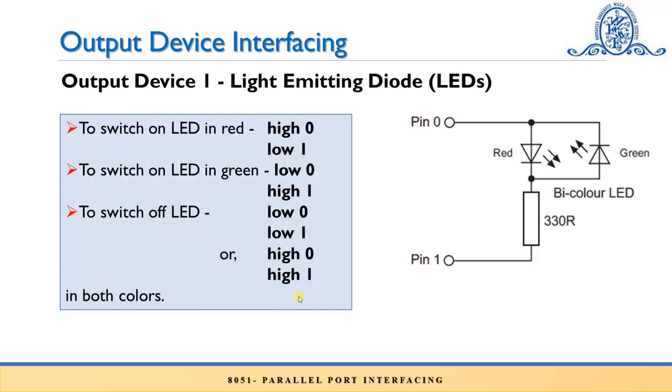So to switch on the LED in red, pin number 0 is to be high and pin number 1 is to be low. If I have to switch the green light on, then pin 0 will be low and pin 1 will be high. If both are at the same potential, then nothing will glow.